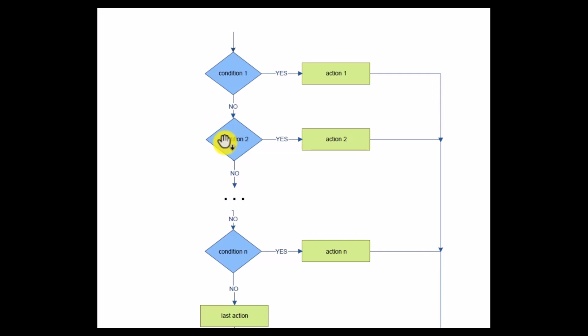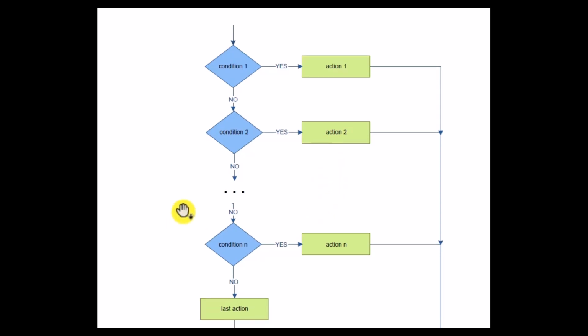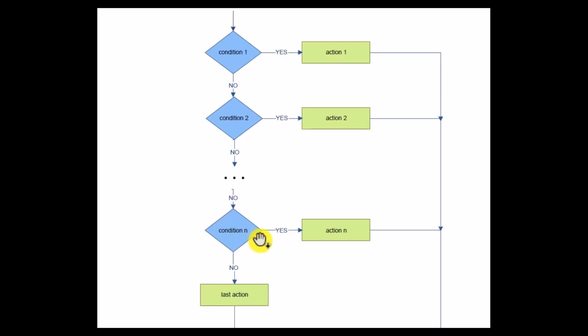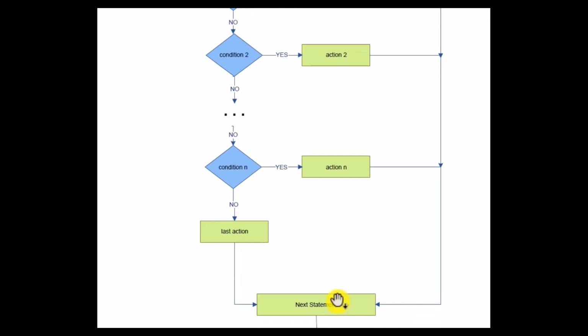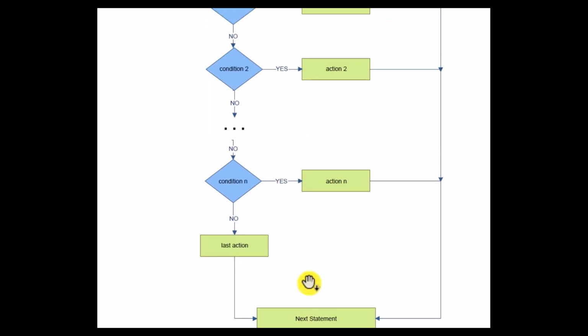And if it is true, it will go to action 2 and then leave the if statement also. It works that way. So we have many branches, branch 1 for action 1, branch 2 for action 2, etc. For the last condition, we will have only two choices. If it is yes, then it will go to action n, otherwise the last choice, which is the last action, and then this is the end of the if statement, and the program will continue with the next statement.